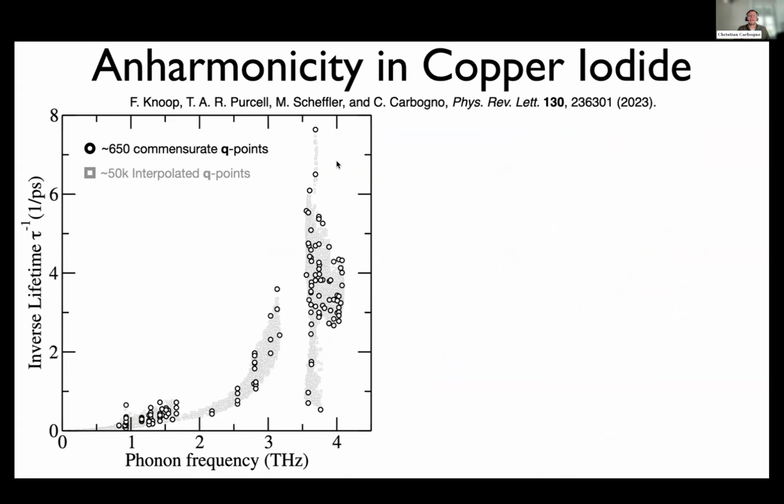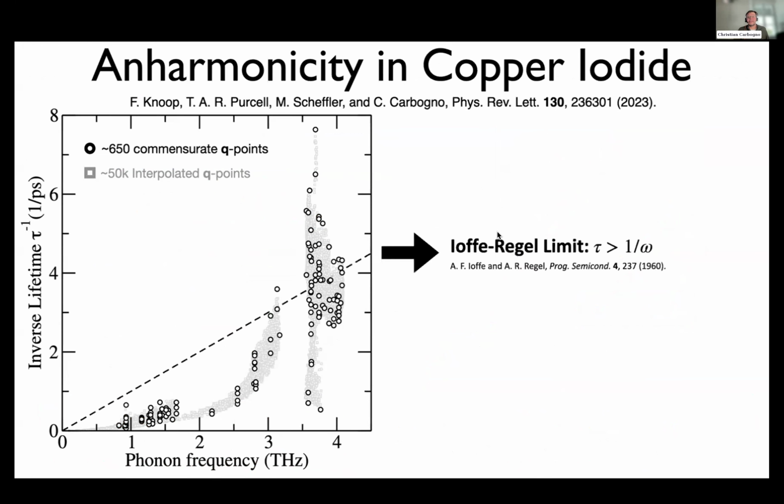so it accounts for all anharmonic effects. Now, there's a very nice theory, the Ioffe-Regel limit, that tells you that any quasi-particle excitation, like phonons or excitons and so on, to be meaningful, must have a lifetime that is larger than 1 over its frequency, its oscillation period.